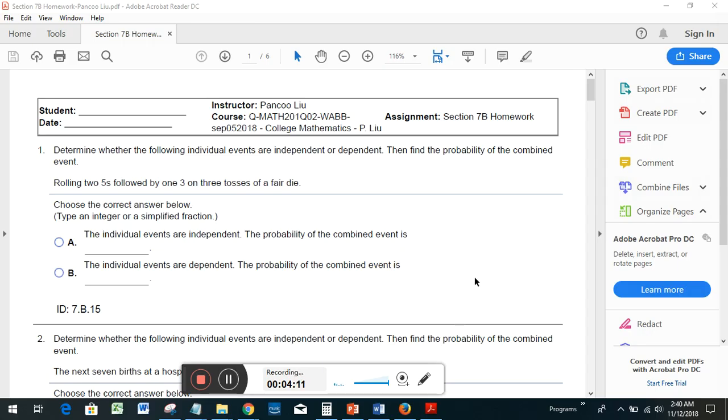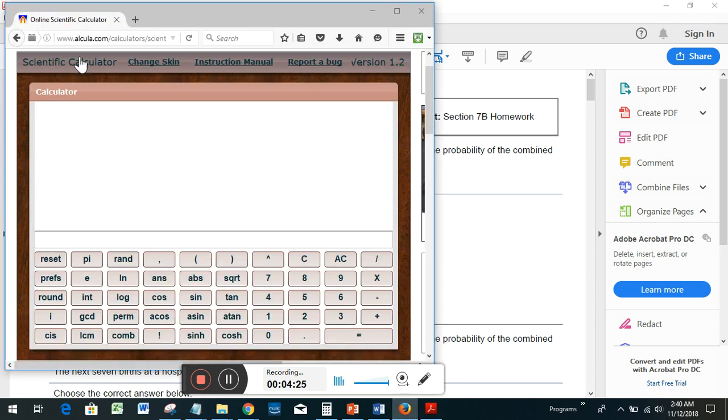Okay, let's go ahead and take a look at our Section 7b homework guide. Now, because we are working with fractions quite a bit in probability, a student in one of my classes found a great online calculator that can be used. And the website for that is www.alcula.com/calculators.